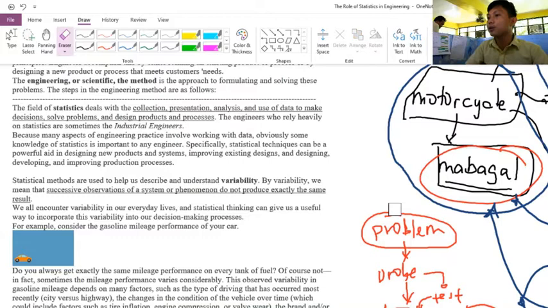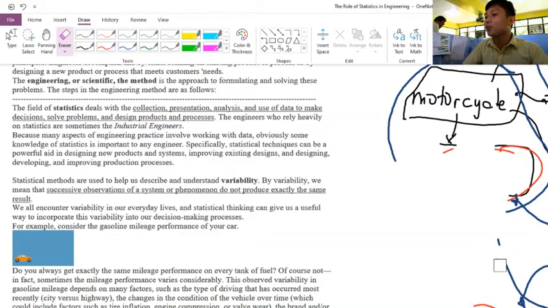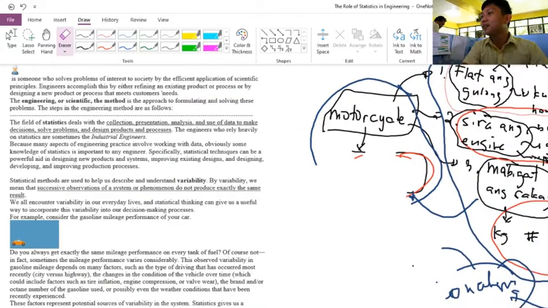Eraser. Okay, so yun po ang madaming sulat. Okay, wait lang po.